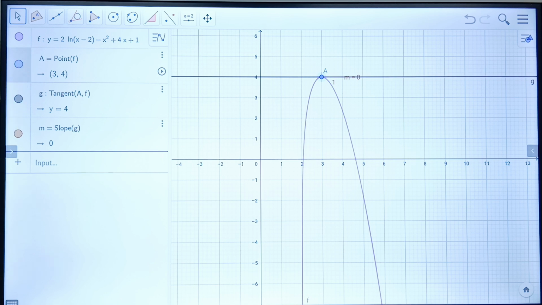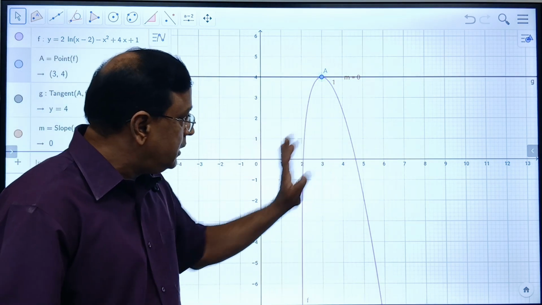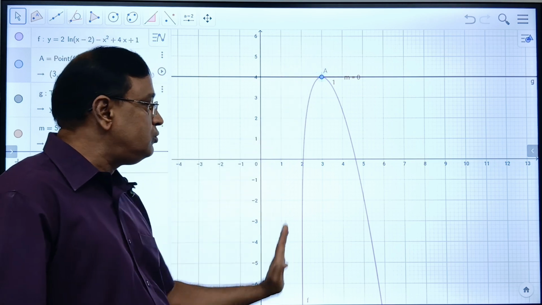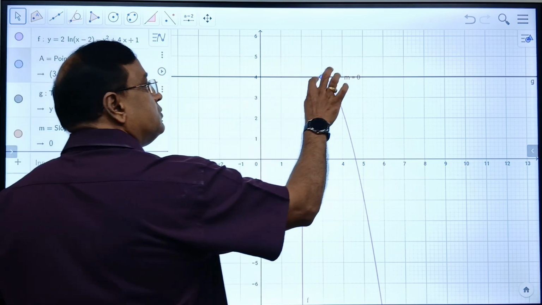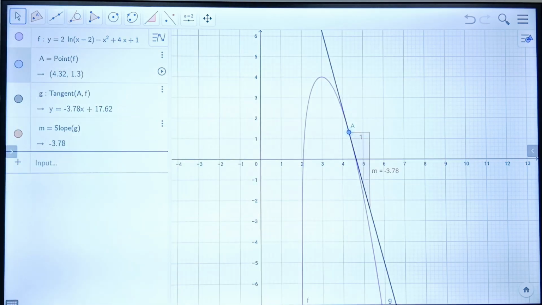So from 2 to 3 it's increasing. From 3 onwards it starts decreasing. 3 to infinity it is decreasing. Very clearly demonstrated using the graph. This will give you a better understanding of increasing and decreasing functions. Always visualize the graph.